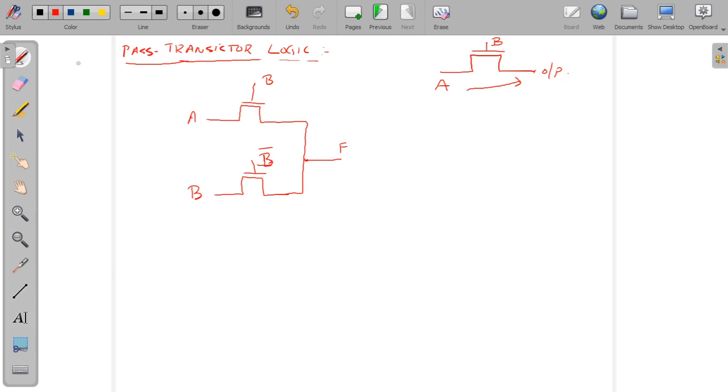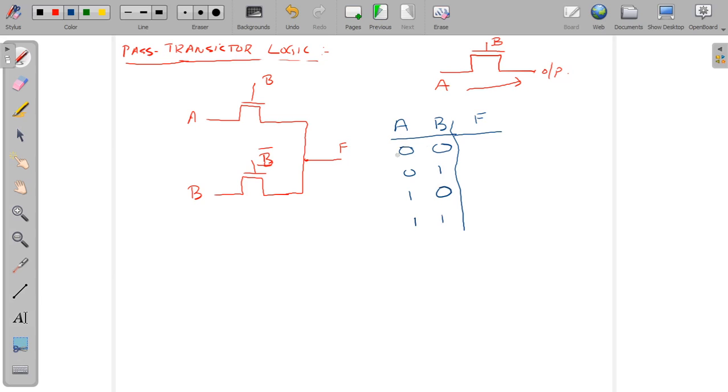Here the number of inputs is 2, input A and input B. So I can draw, for the sake of it, a truth table. We have 2 inputs A and B, and the output is F. We can have a total of 4 conditions: 0 0, 0 1, 1 0, and 1 1.